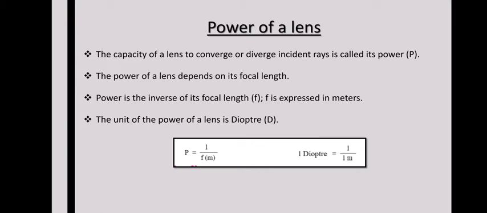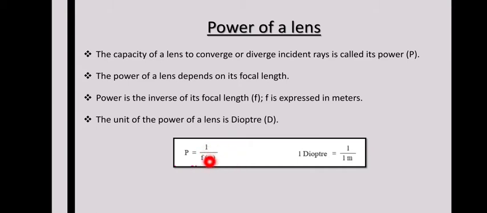The capacity of a lens to converge or diverge incident rays is called its power. How much it can converge and how much it can diverge. And also the power of a lens will depend upon its focal length. Now power will be the inverse of focal length, and the focal length is expressed in meters. So power, that is P, is 1 upon focal length, inverse of focal length.